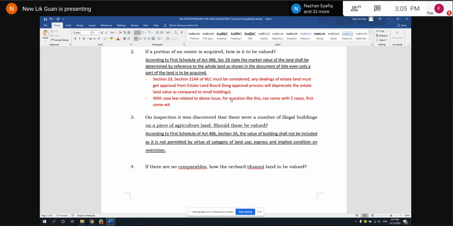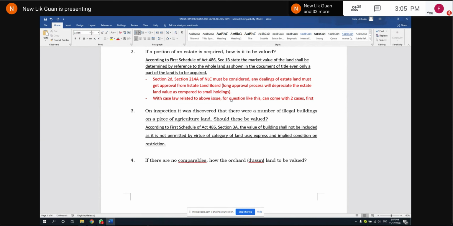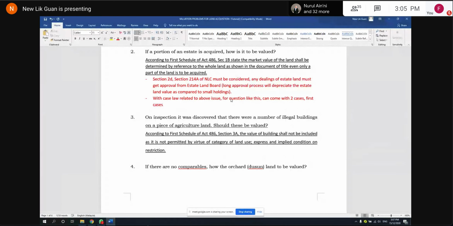If the estate comprises many titles, but each title does not achieve 40 acres in size, can you consider that as an estate? That is under the definition by the court case: it must be contiguous or adjoining.